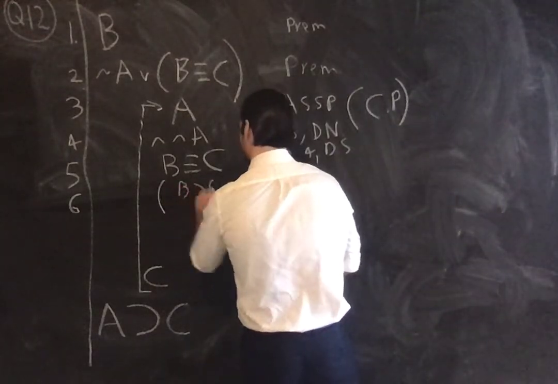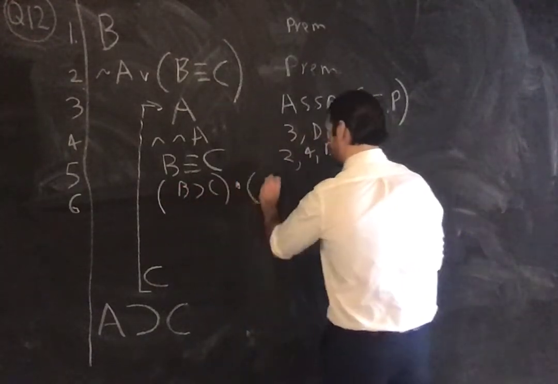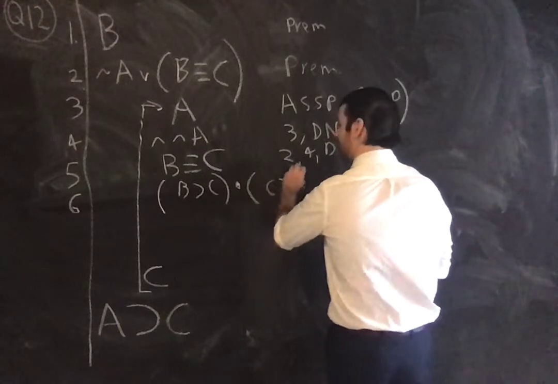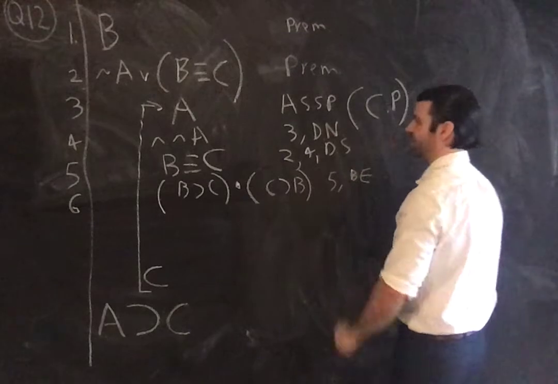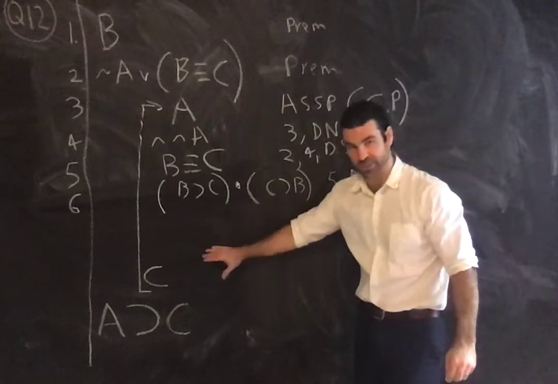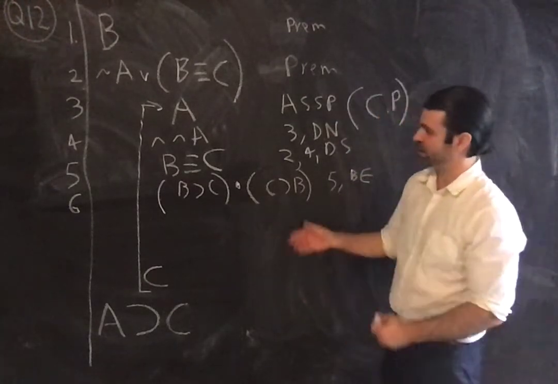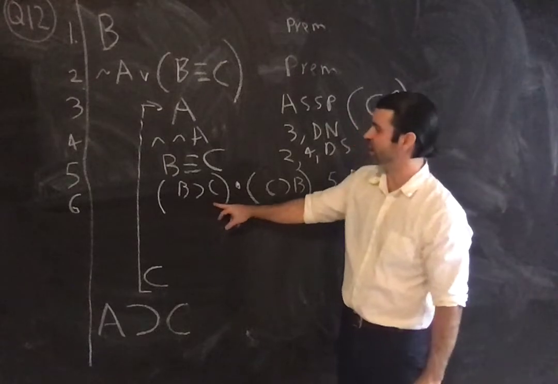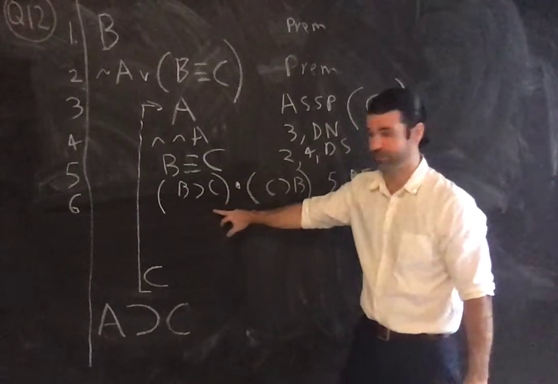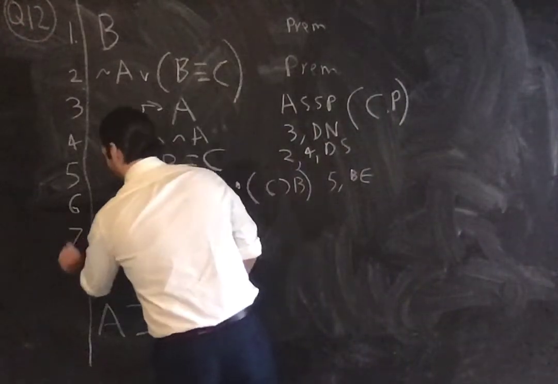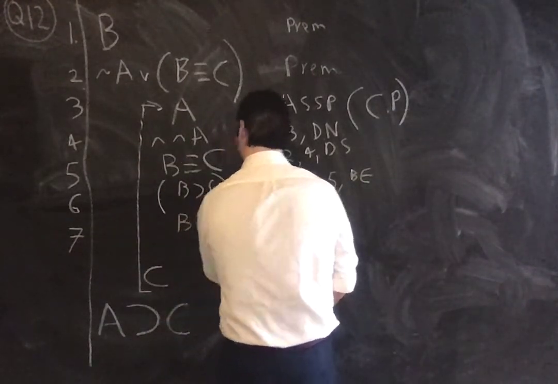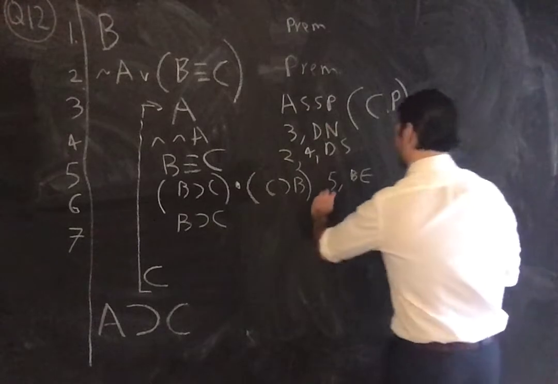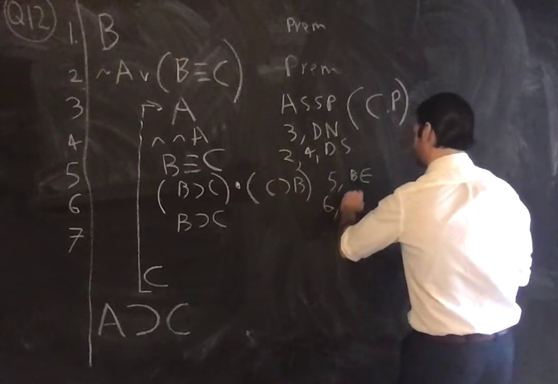B hook C, and C hook B, 5, B E. All right. I could simplify both. I'm only going to simplify to the left conjunct and get B hook C. 6 simp, that's the only one I need, right?